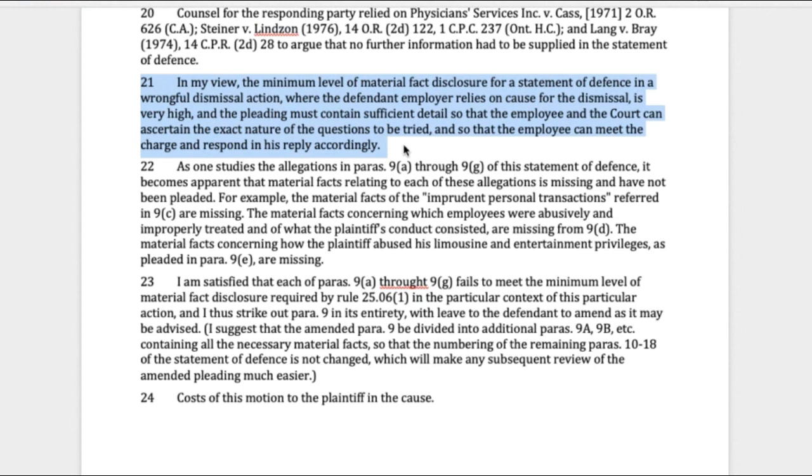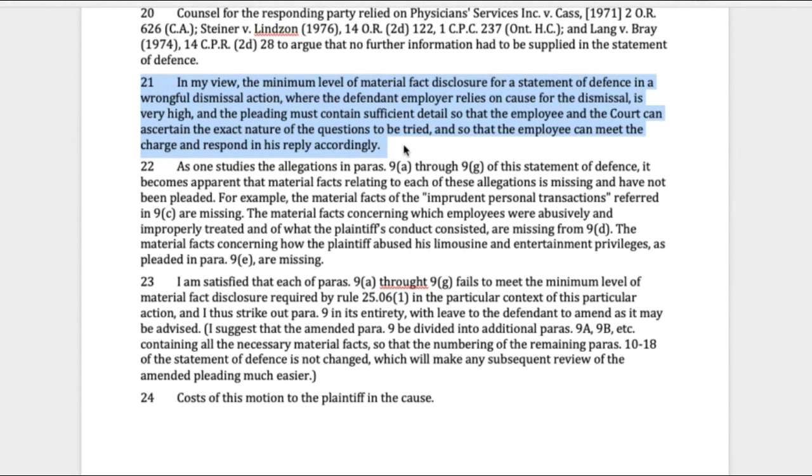Here we're talking about very serious allegations, right? The garden variety, 95% of wrongful dismissal claims, the defendant will not allege cause. 95% of wrongful dismissal claims, the defendant will say, we're firing you without cause, and we're going to give you notice, pay in lieu of notice, and the dispute will be about how much pay in lieu of notice you should get.